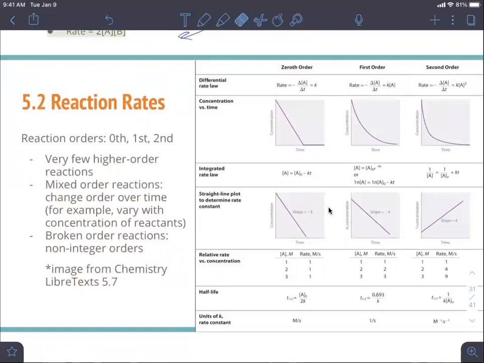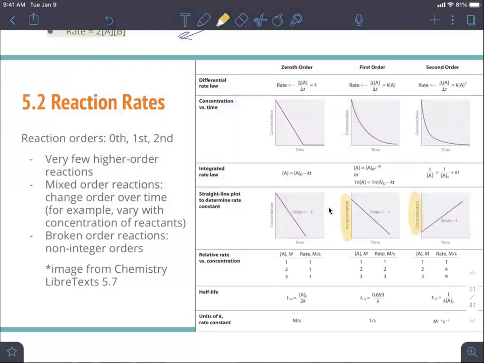But just remember these graphs. 0th order is linear, and both first and second order are exponential graphs. You can make the exponential graphs linear by taking the natural log, as here, or by taking the reciprocal, as for this one.